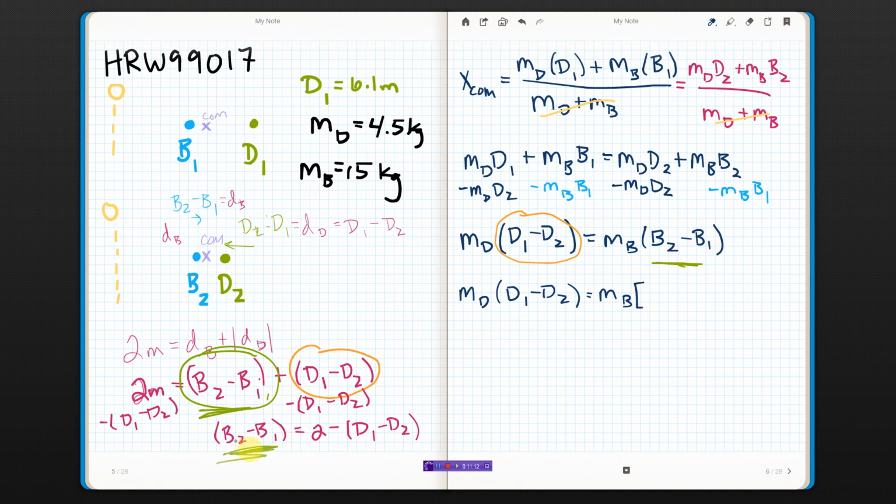B2 minus B1 equals the same thing as 2 minus D1 minus D2, like that. Okay. All right. I'm going to distribute this MB. So this side stays the same for now. Okay, I distribute the MB.